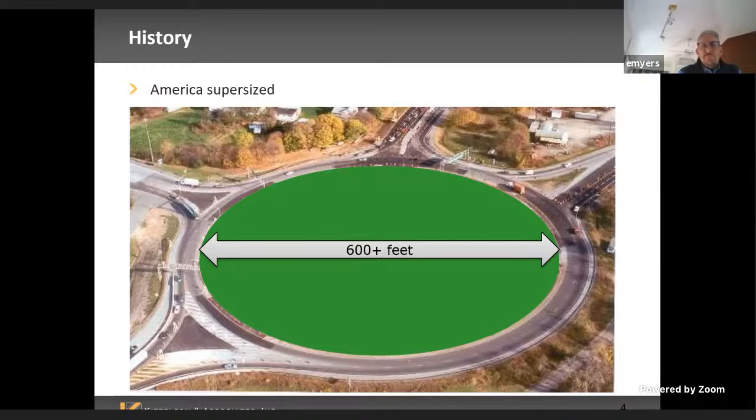Probably the largest roundabout that you would ever see designed today is at least half that size, and probably more like a third of that size, even for a multi-lane roundabout. This particular roundabout was designed with long distances between entry points and exit points, really to provide weaving distances, and that's what made the circles so large.